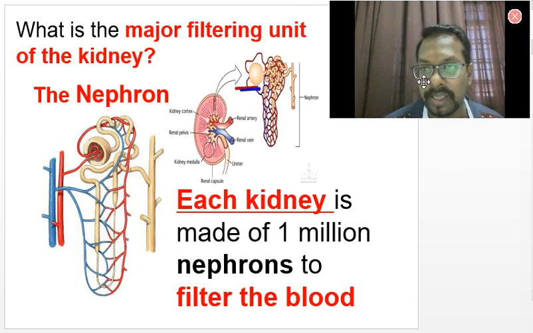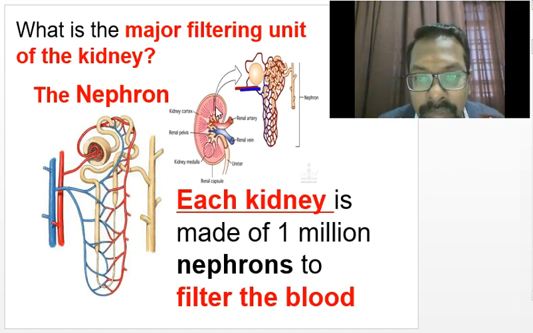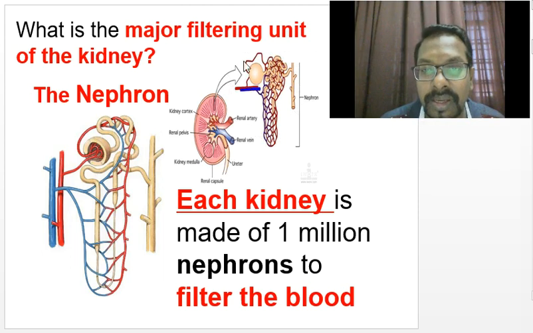Next, what is the major filtering unit of the kidney? We said the kidney filters our waste, but what inside the kidney actually filters? The major filtering unit is the nephron. Look at the same diagram here. This whole portion is a nephron, and every single one is the same.